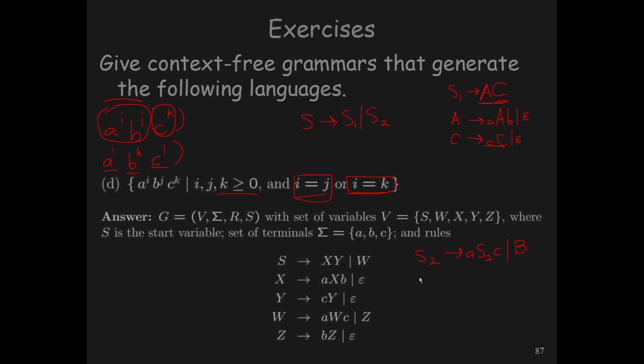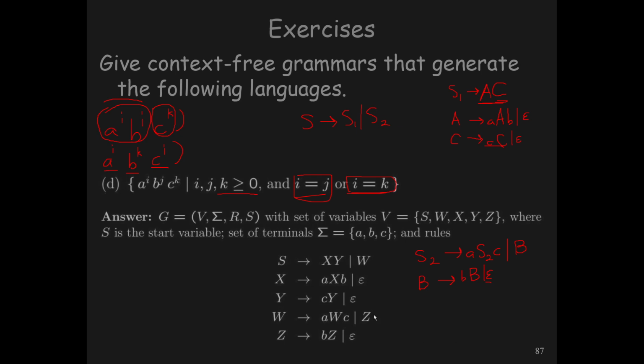Okay? So let's continue. For the B's here, you're going to have terminal b and variable B, or empty. So once again, this is recursive. You can generate as many B's as you want, completely independent of the number of A's and C's. And eventually you're going to have empty, and that's going to be the end of your derivation.